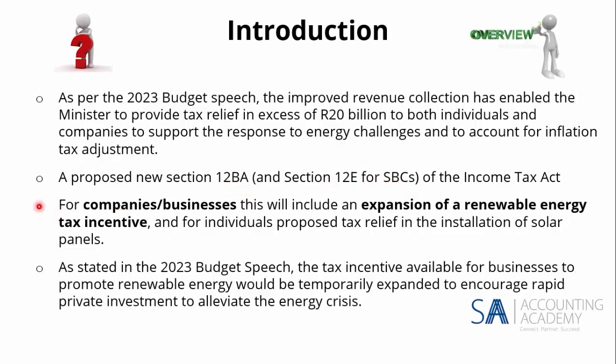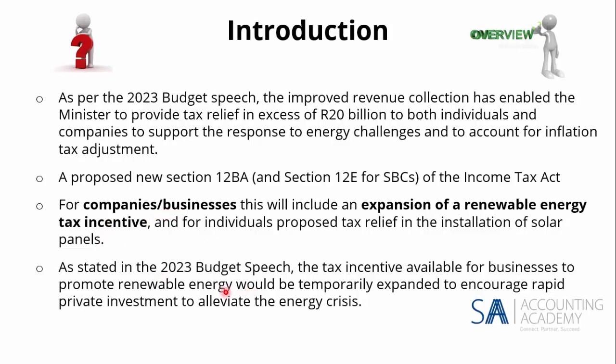But in a nutshell, for businesses or companies, this is an expansion of a renewable energy tax incentive. And for individuals, we talked about the installation of solar PV panels. That is a separate TSV that I recorded. You can go and have a look at that one. Today we'll only be focusing on the businesses one.